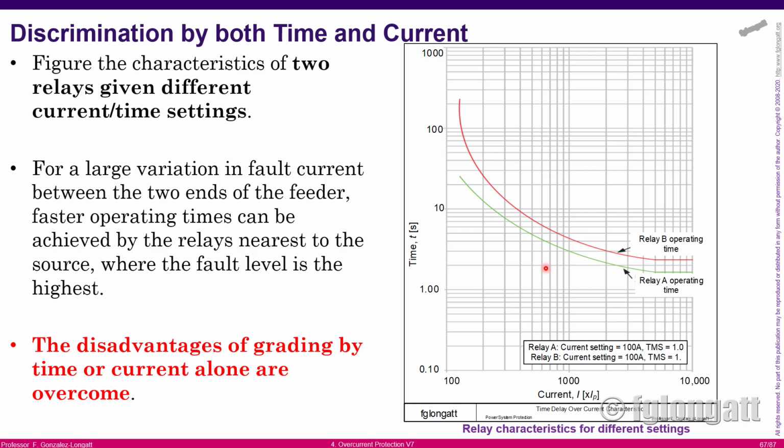On the right hand side, you can see two relays, relay B and relay C, and you can see the operating time of both of them. When you play with the current, you are moving to the left or to the right, and when you play with the time, you are moving to the top or down. That is when you start to use different current and time settings for relays depending on location or lengths.